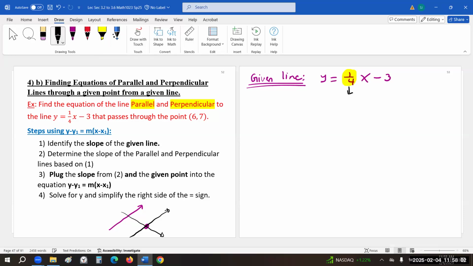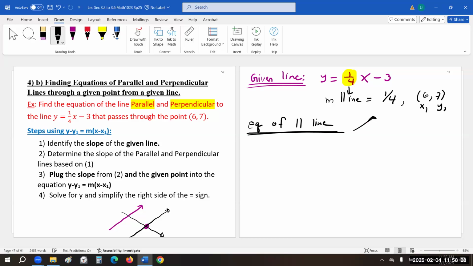So the slope of the parallel line is 1/4, and it's going through the point 6, 7, which is x1, y1. So we are going to find the equation of the parallel line with this information: slope 1/4 and x1, y1 is 6, 7.